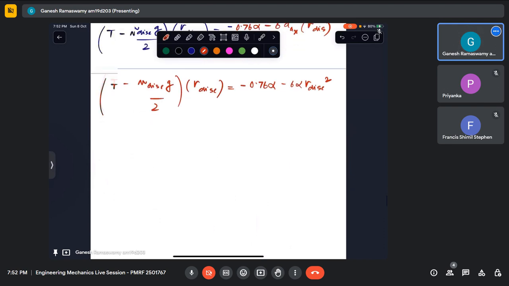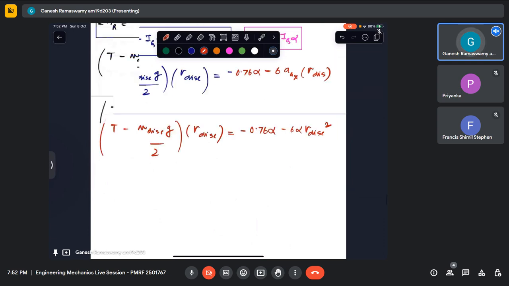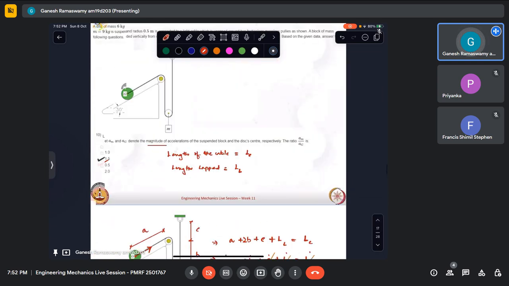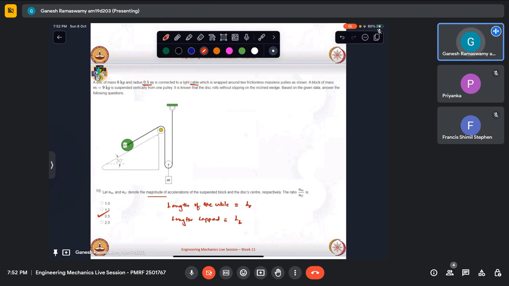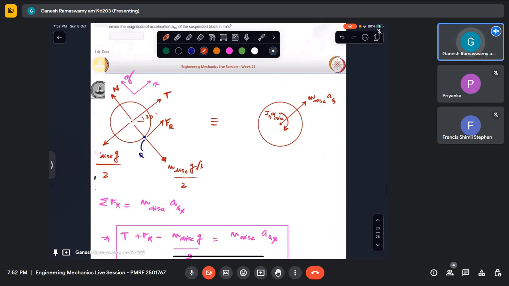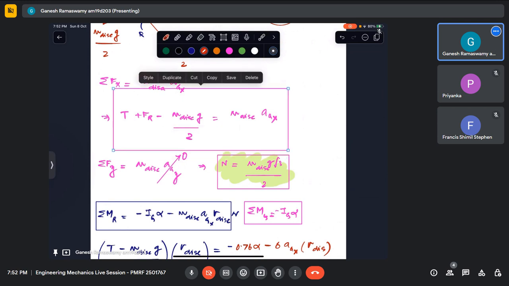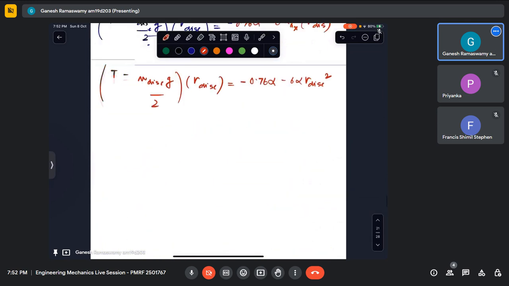So from here this will give one equation. Why don't I substitute this? It's becoming very messy because of the symbols. R is 0.5, mass of the disk is 6. I'll just substitute for these values. One minute. Yeah, so tension minus mass is 6, so this is 3g into radius of the disk.